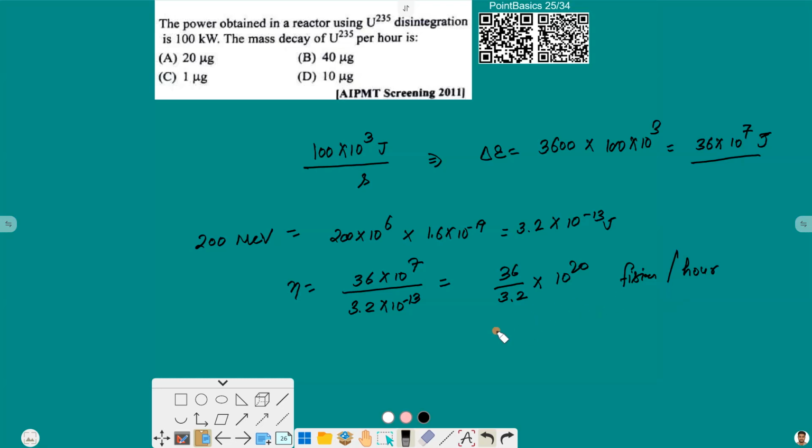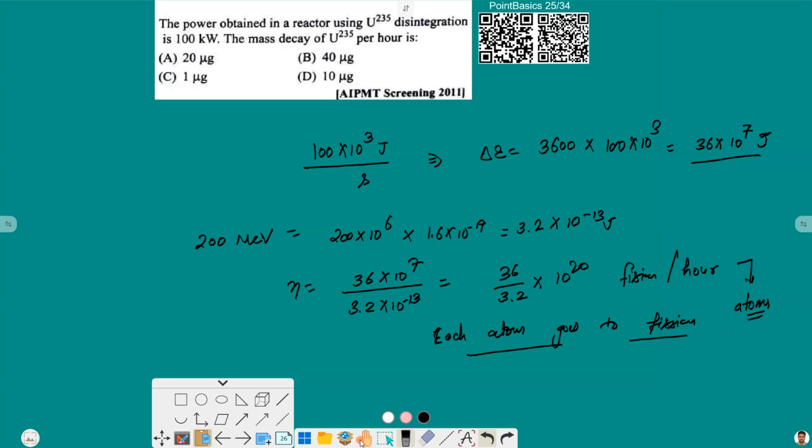Now let us assume that each atom goes to fission. So each atom is going to fission, means we need that number of atoms in an hour to get the required energy output. So let's convert this number of atoms into mass.